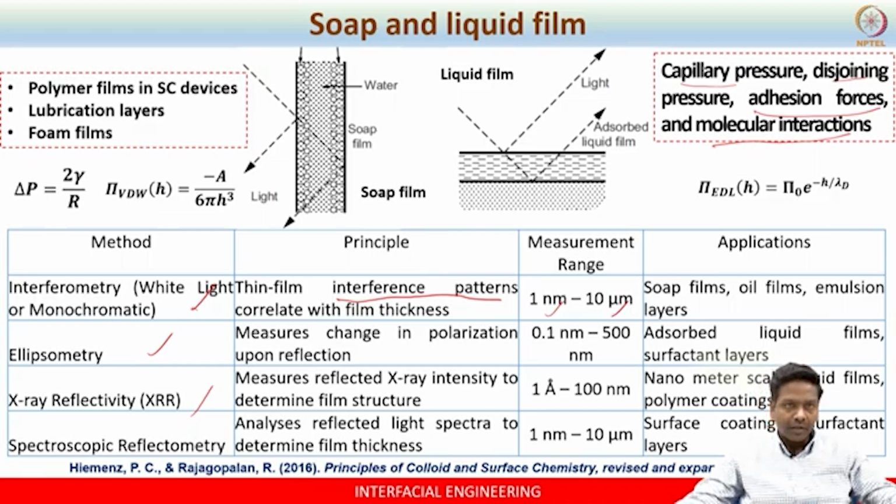By deducing this information, you can comment on whether the forces of interaction are due to van der Waals or electrical double layer. So that's how force measurements are done indirectly through these spectroscopic techniques.